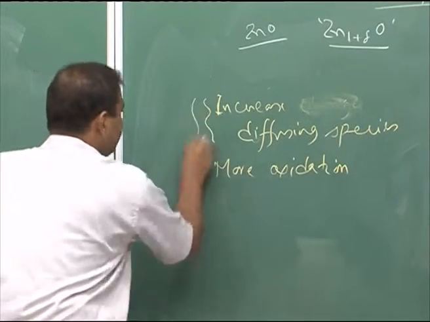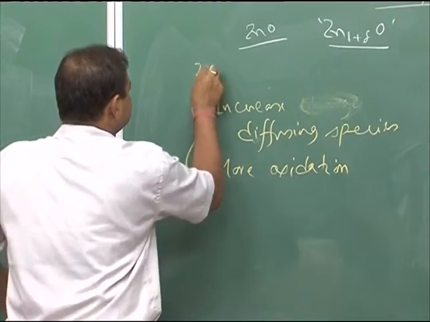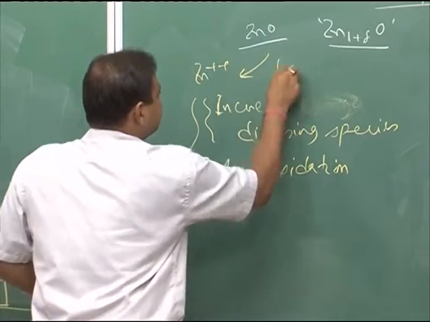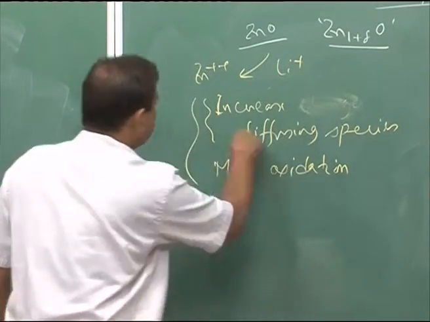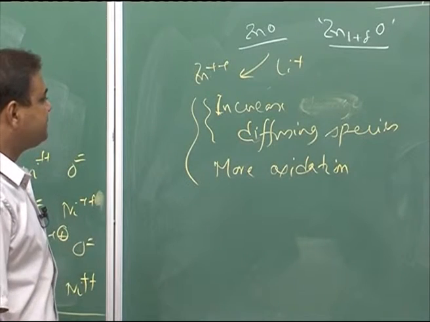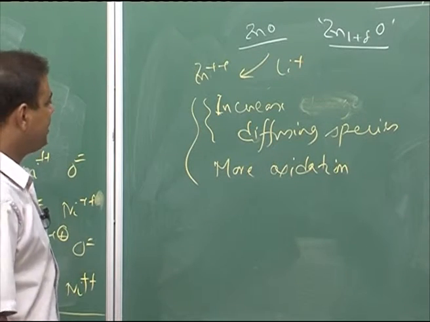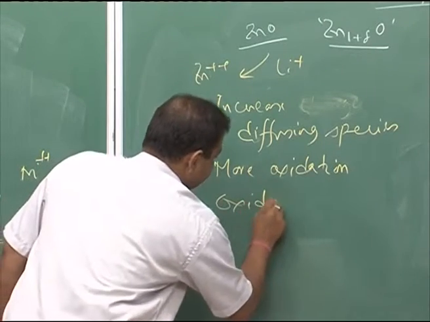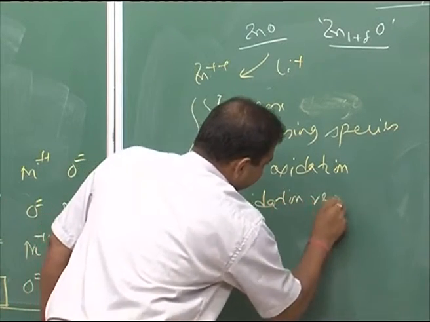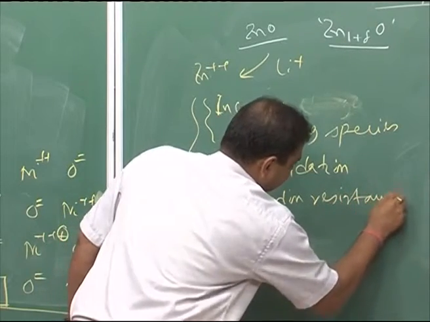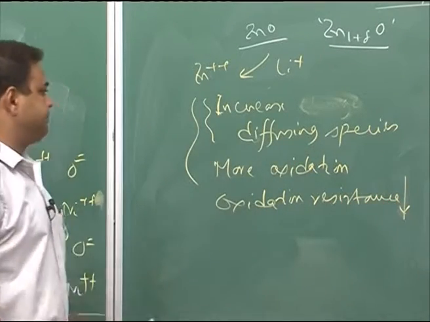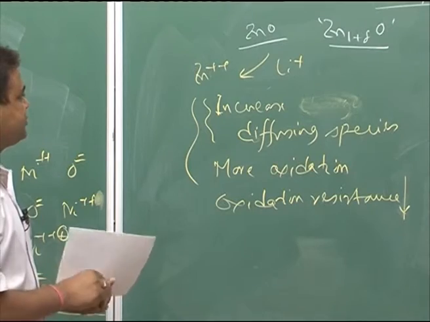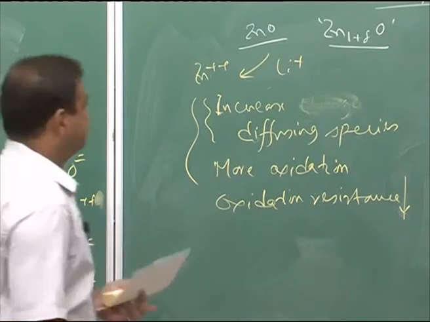So, if we replace zinc plus with lithium plus, we have an increase in diffusion species, that means an increase in cation interstitials, we have more oxidation, that means oxidation resistance would decrease.